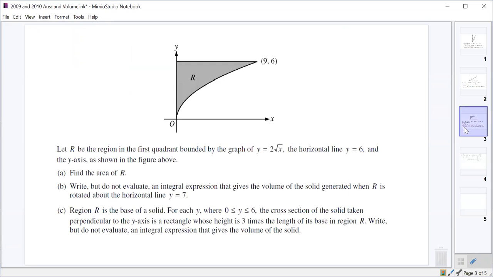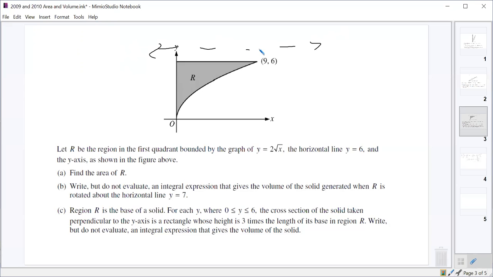Okay. For part B, we want to just write the expression that gives the volume if we revolve that region around the line y equals 7. If we're revolving around that line, we're going to get washer cross sections because our region is not fully pushed up against what we're revolving around.